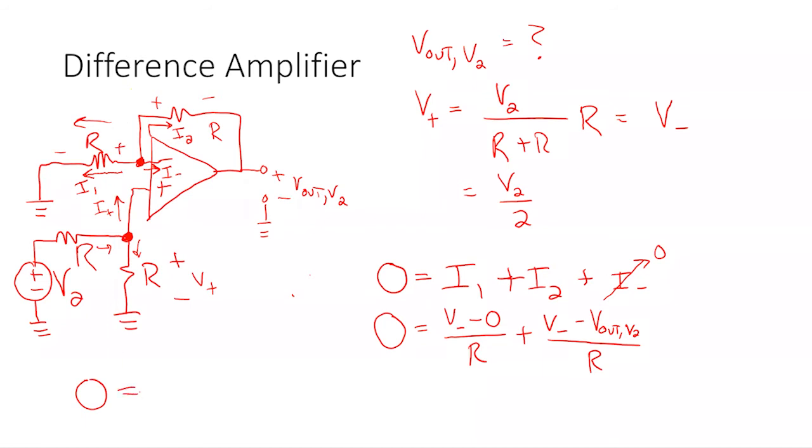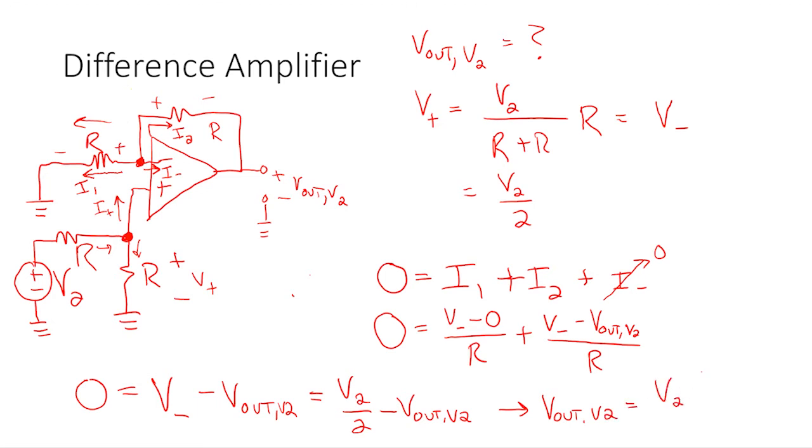I can multiply both sides by R. So I have V minus minus V out over V2, and V minus is V2 over 2.